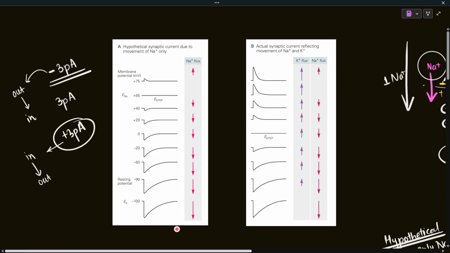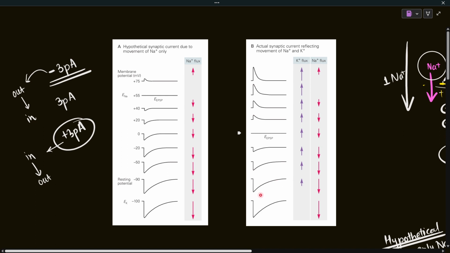You use the patch clamp technique to do the voltage recording. Okay, but this wasn't seen. What was seen was this. This was the actual result of the study. They saw that at minus 90 millivolts the cell showed some negative current, meaning there was inward current generation.